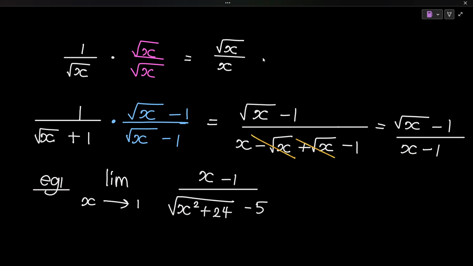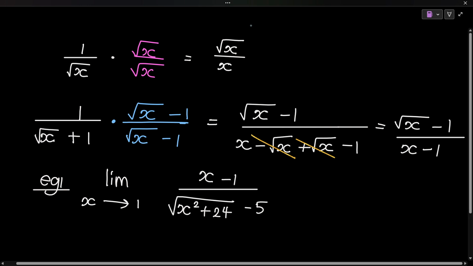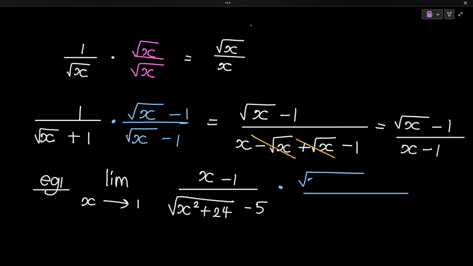Now, we know that our first step towards rationalizing is to multiply this fraction by the denominator over itself. However, seeing that we now have two terms in our denominator, we are going to change the sign of the second term. So we're going to use plus 5.